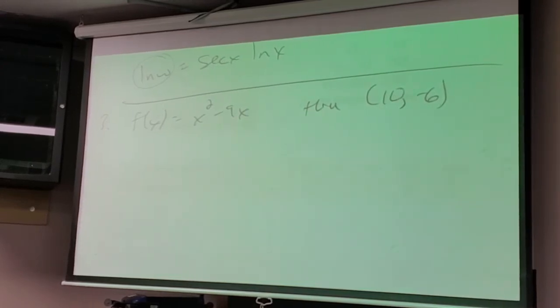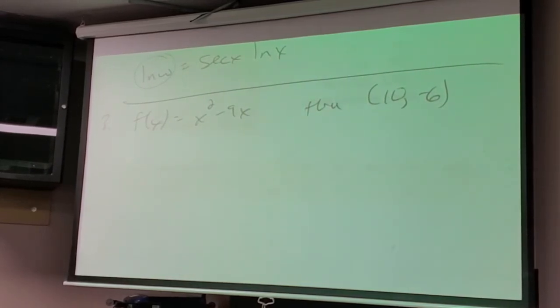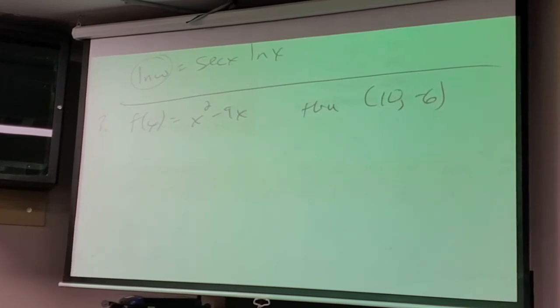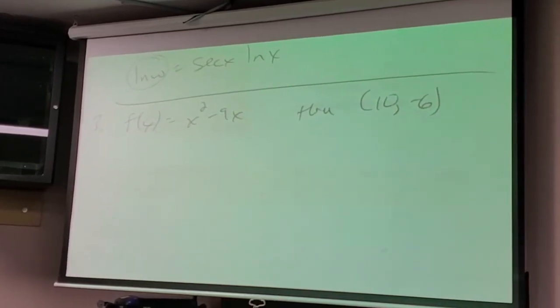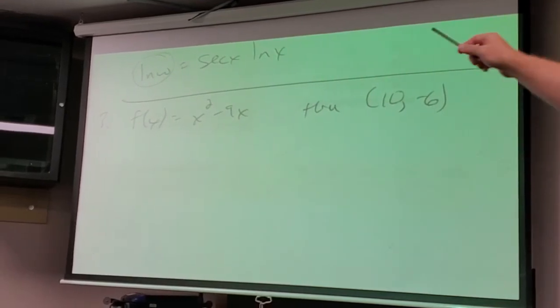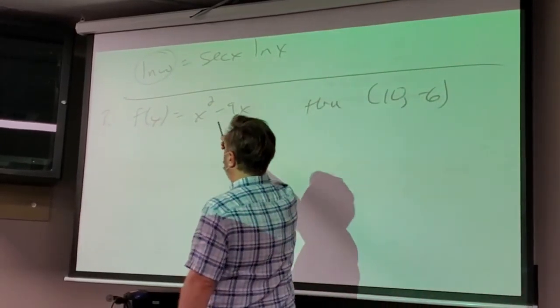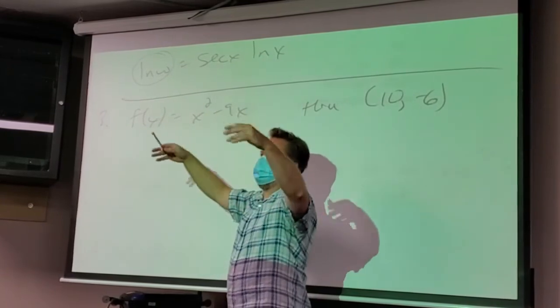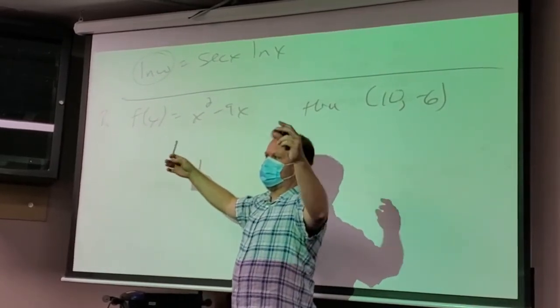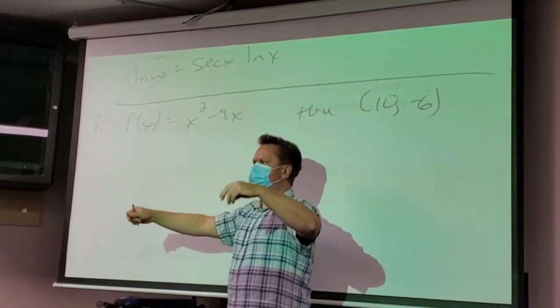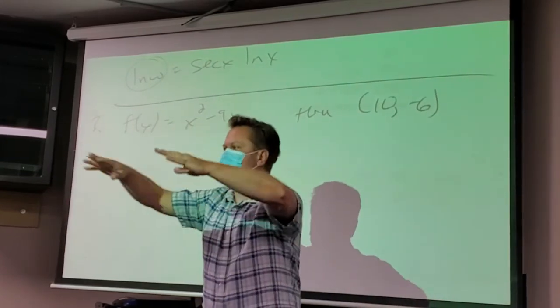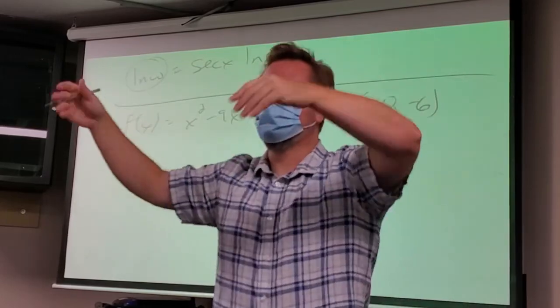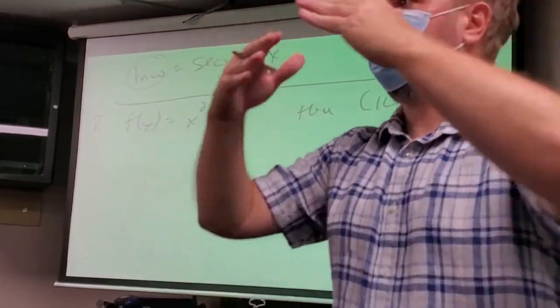I really want you guys with me on this. Normally this would say find the equation of the tangent line to this function at x equals 2. Take a derivative, plug in 2, find the slope, plug in 2 to this to find the point. y minus y1 equals m times x minus x1 if you want to. Standard stuff.